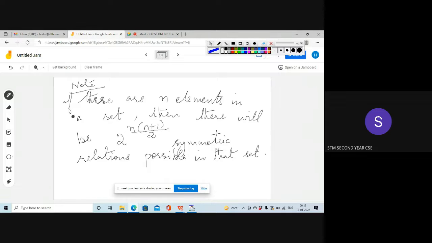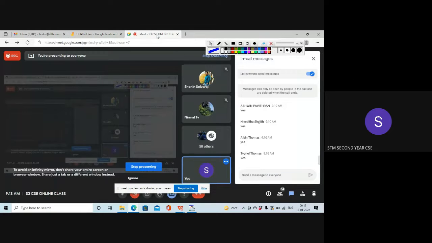What was the first property we studied yesterday? Reflexive. Okay. How many reflexive relations are possible on a set A with n elements? Yesterday we had written it.